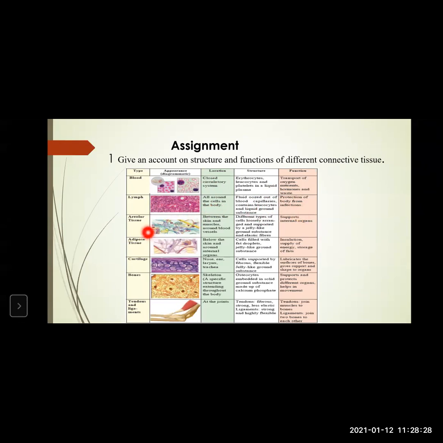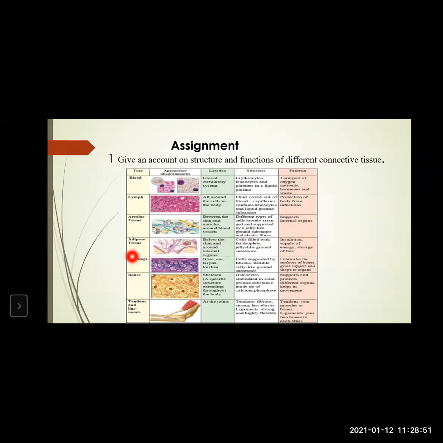Then areolar tissue. Where is it present? It is present in between the skin and muscles and around the blood vessels. It is composed of different cells and fibers, that is white fiber and elastic fiber, which provides its elasticity. Its function is to support the internal organs.